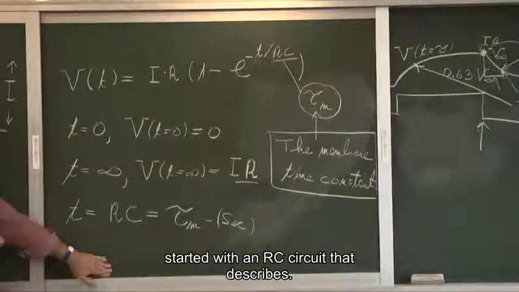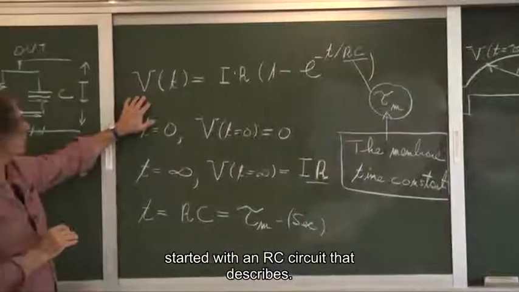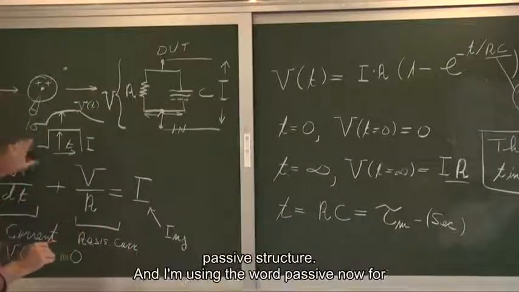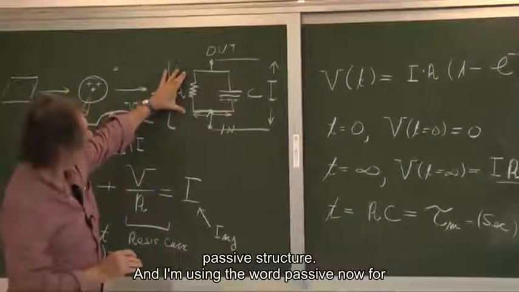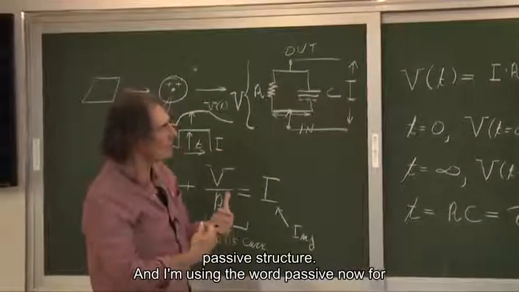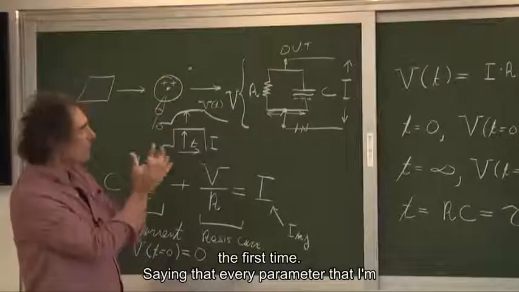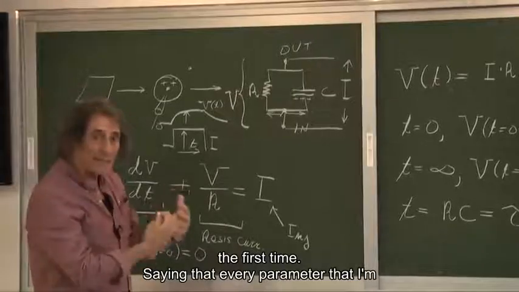we started with an RC circuit that describes, for a first approximation, a spherical, isopotential, passive structure.